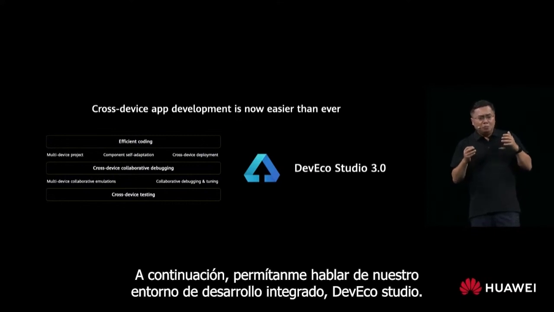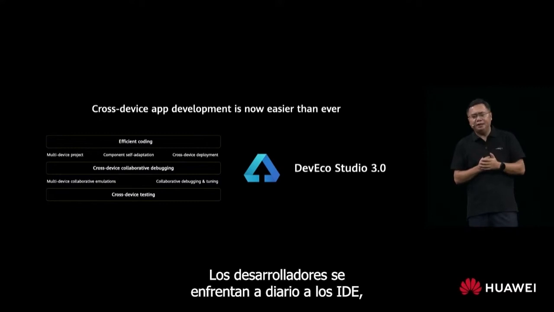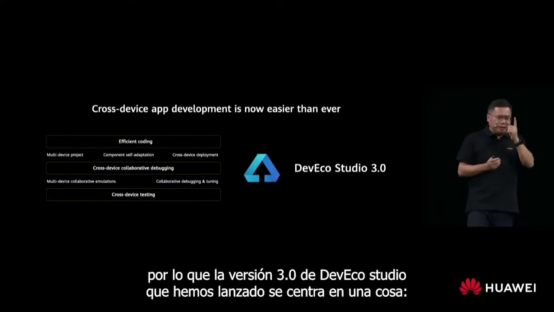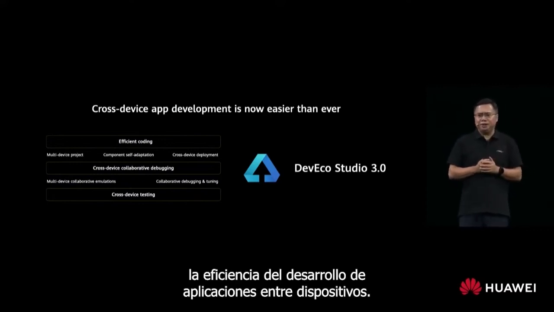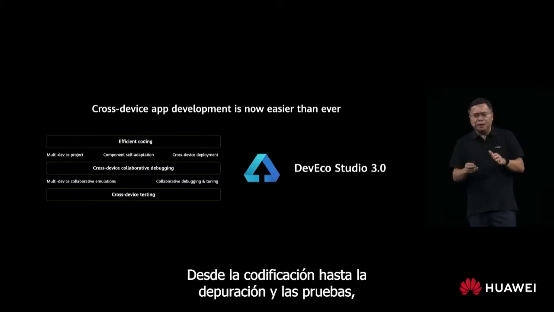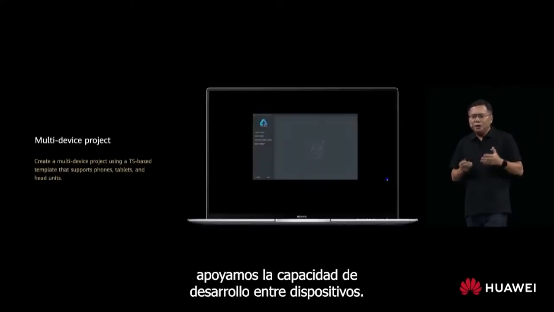Next, let me talk about our IDE, DevEco Studio. Developers deal with IDE on a daily basis. So the DevEco Studio 3.0 that we release focuses on one thing, which is cross-device app development efficiency. From coding to debugging and testing, we support cross-device development capability.